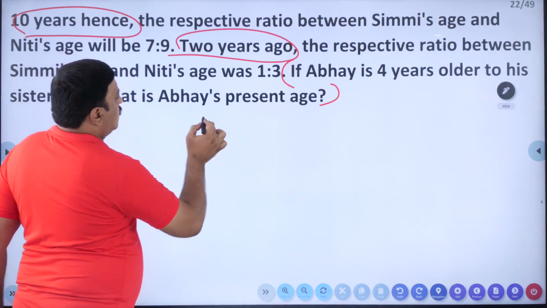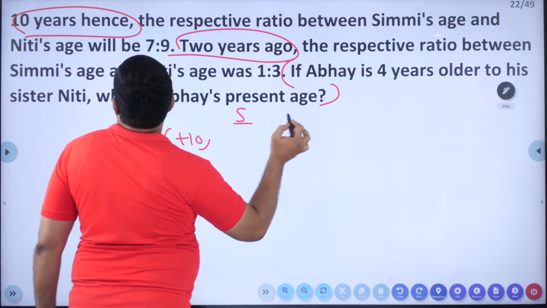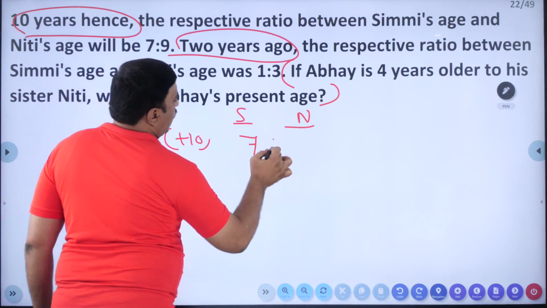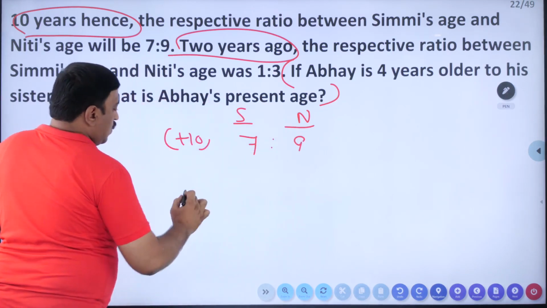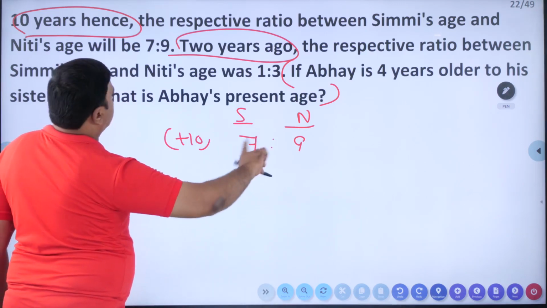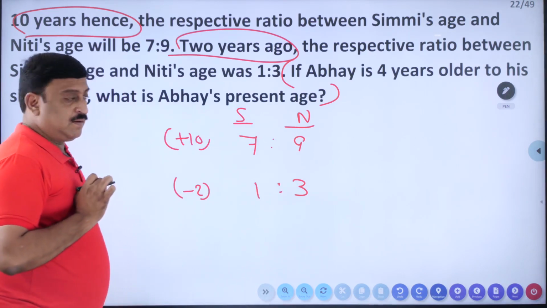Right, Simi, 10 years after, that is Simi and Niti is, how much is it? 7:9. 2 years back, the respective ratio between Simi and Niti is 1:3. Fine.